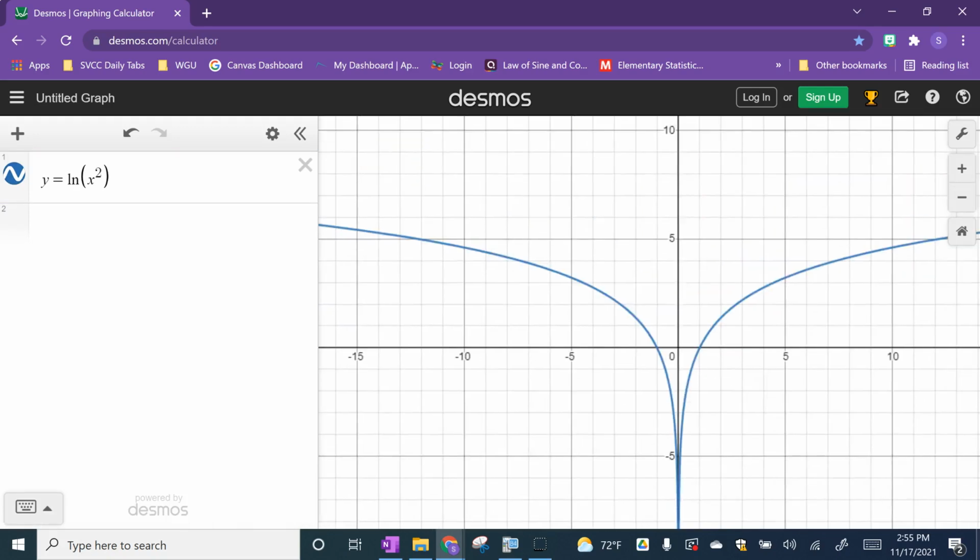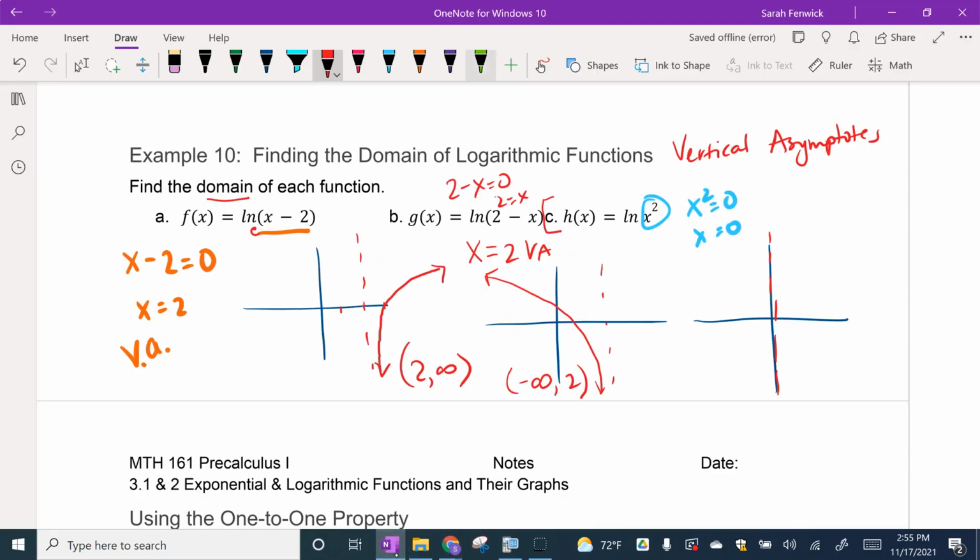So that power, that x squared, changed this a lot. My function here is going to come up and over, up and over. So for this one, the domain is from negative infinity to infinity. Nope. Lies again, Miss Finnick. To 0. We have to break at 0 and start over because you can't equal your asymptote. All right, guys, that's graphing our log functions. We'll come back with some properties.